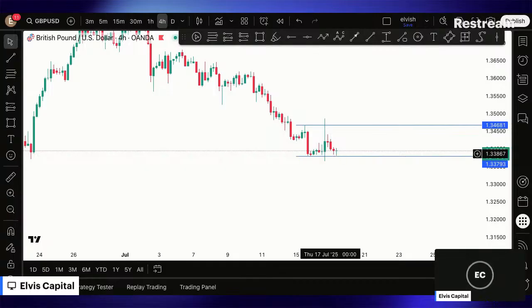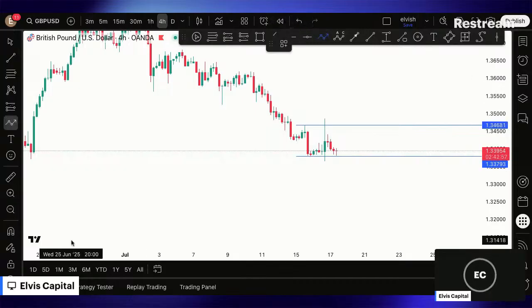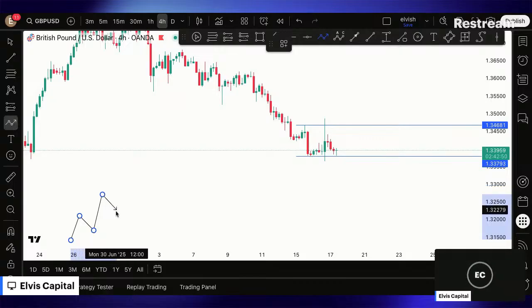In my previous videos, I've been telling you that price moves in this manner: higher high, higher low, if it's an uptrend.